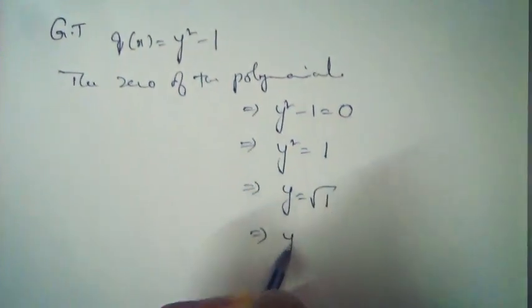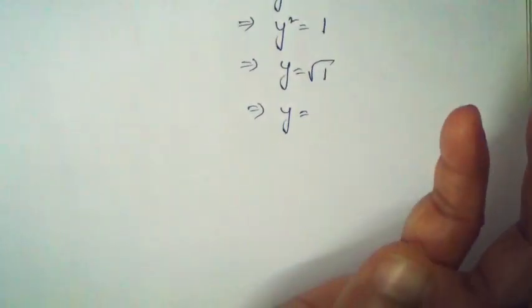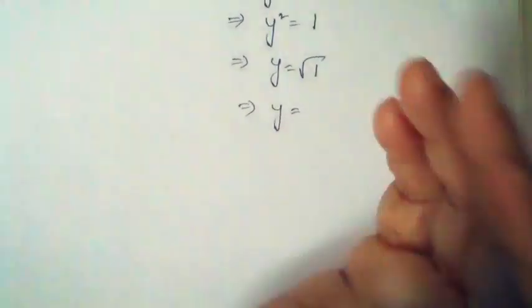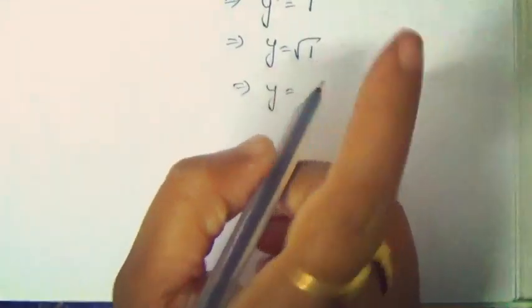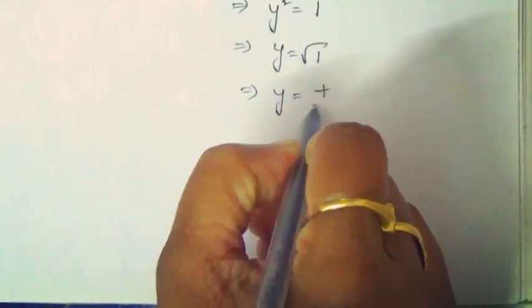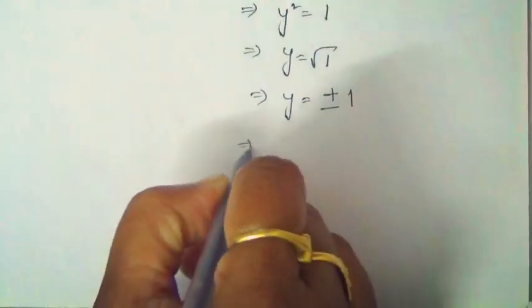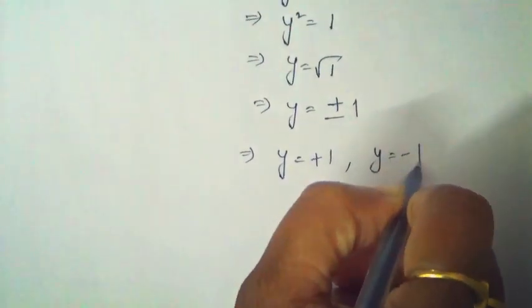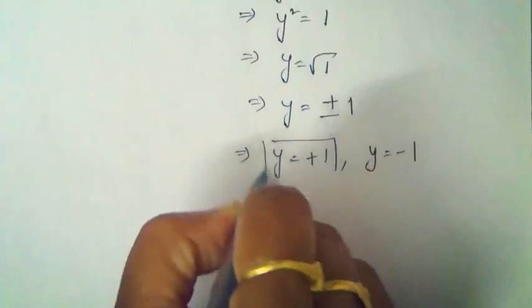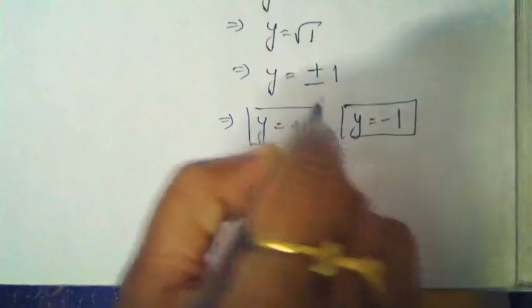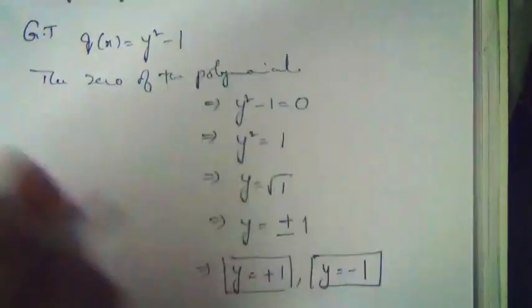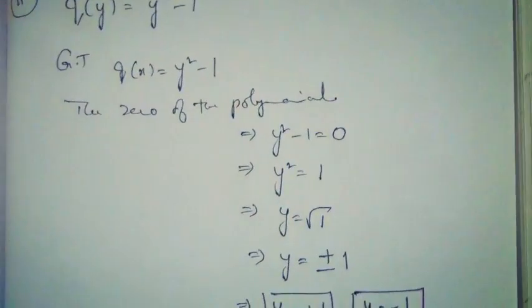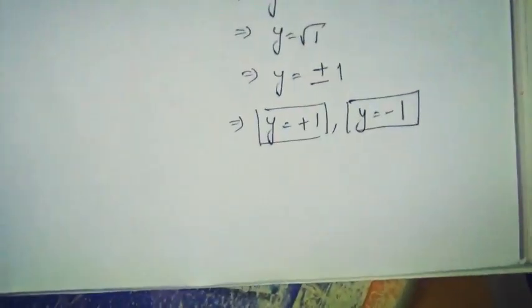When you take the square root, it gives the positive value and also the negative value. Hence it is not equal to only 1, it is equal to plus or minus 1. Hence you will get y values as plus 1, comma, minus 1. So here you will get two values from the root, the positive value as well as the negative value. Just remember it.